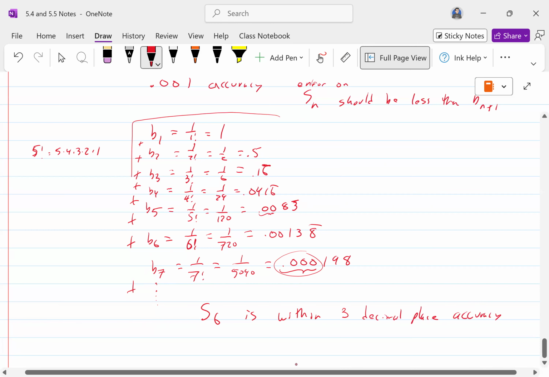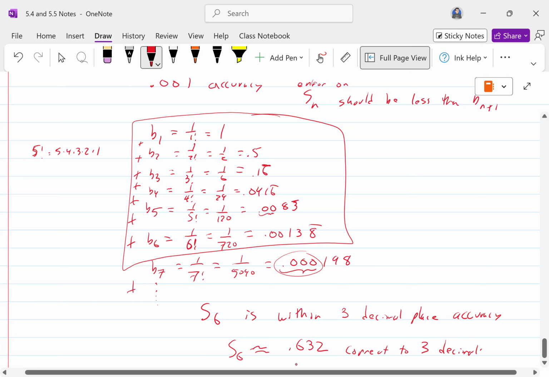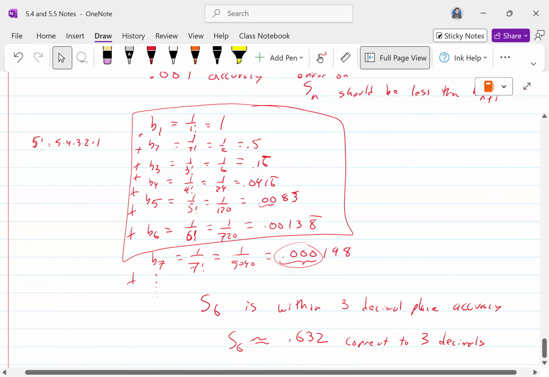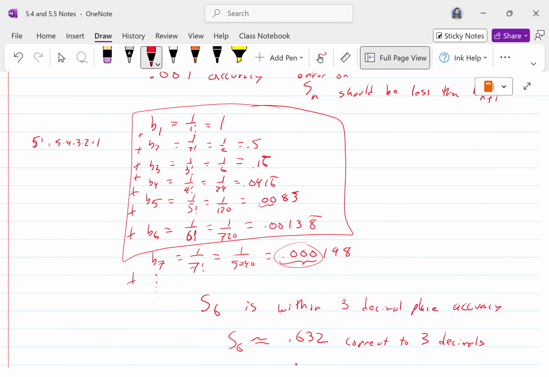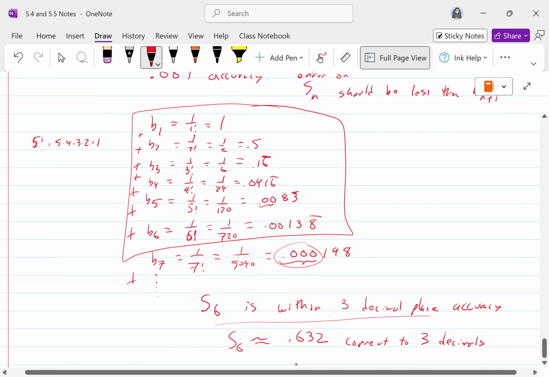If we were to use our calculator and add up just the first 6 terms, we would see that S_6 is approximately 0.632, rounded correct to 3 decimals. So we just had to go to the next term, find where those triple zeros hit, and then back one out. And we get S_6 is correct to 3 decimals.